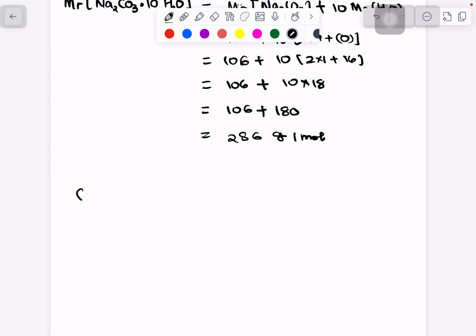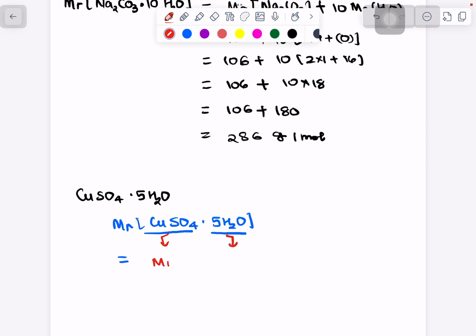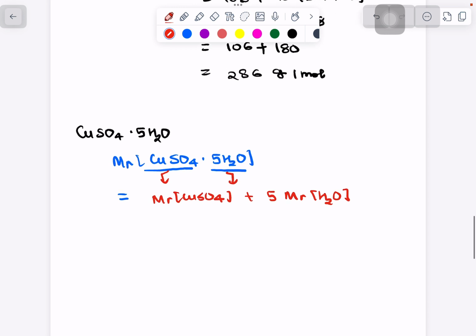Another example is CuSO4 dot 5H2O. So we calculate the molecular mass Mr of CuSO4 dot 5H2O. Again, we are going to treat them separately to calculate it, and then in the end we add them together. So Mr CuSO4 plus 5 Mr H2O.